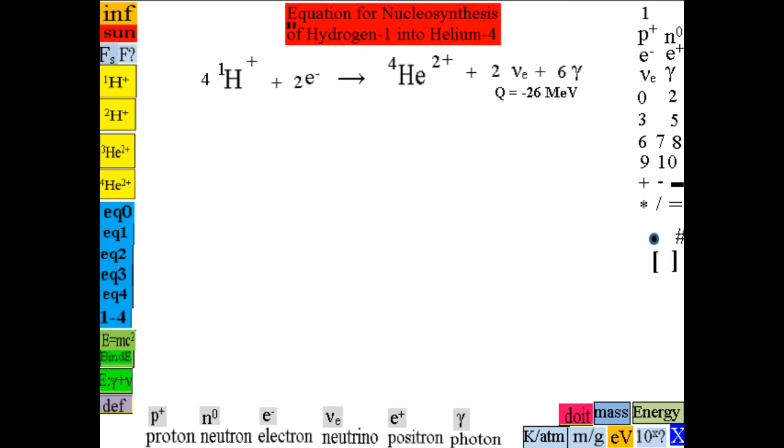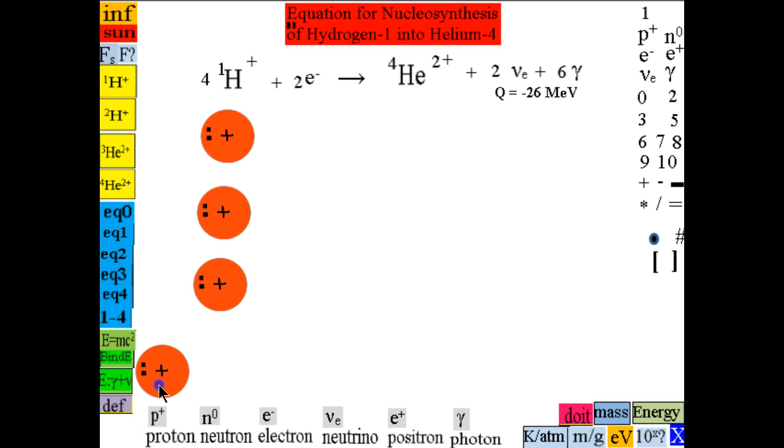We can also show the same but with symbols. This is a proton and we need 4 of those, and you see the proton P+ is the same as if you say hydrogen 1 is the same as 1 proton.